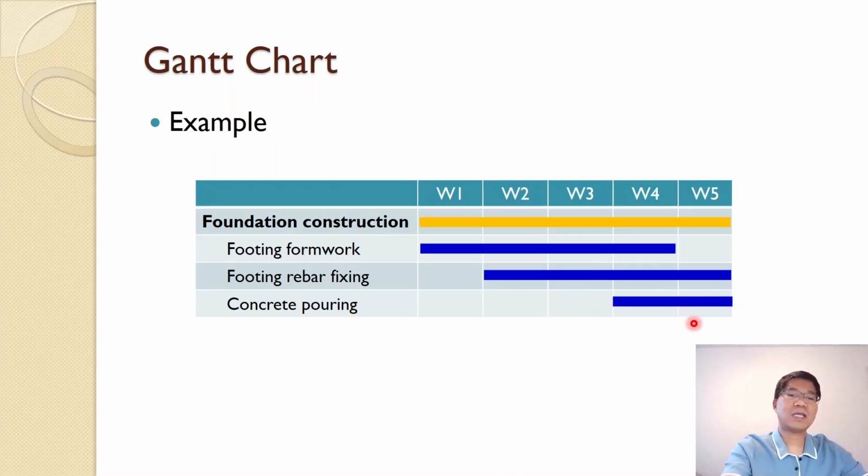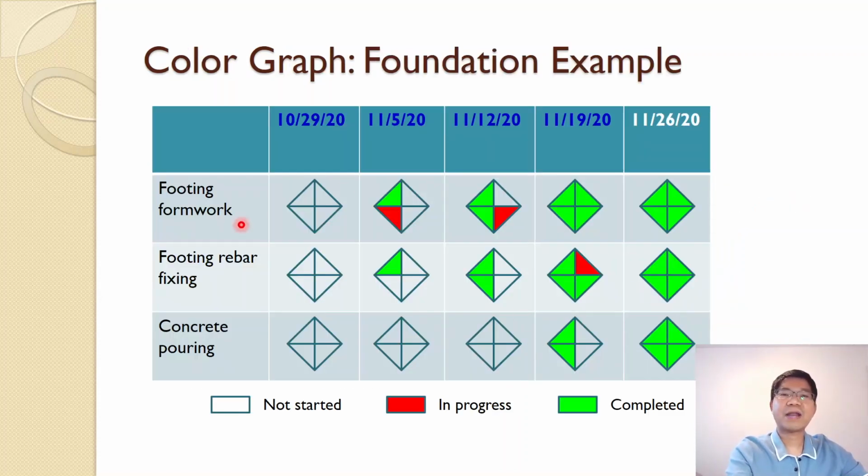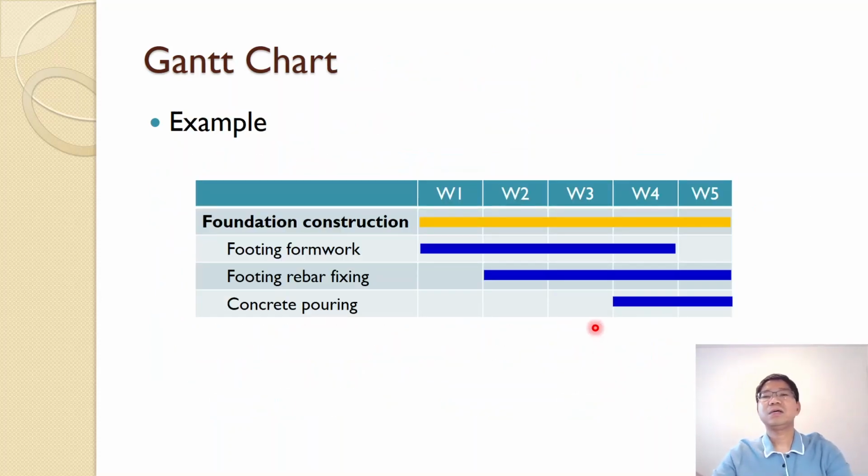So that is the Gantt chart. The color graph and Gantt chart can be used interchangeably, and in later lessons we will introduce other, more complicated network analysis methods that give more meaningful information about the project schedule.